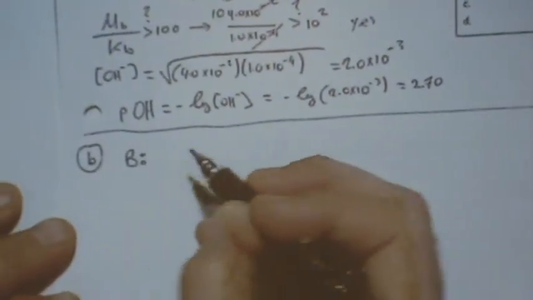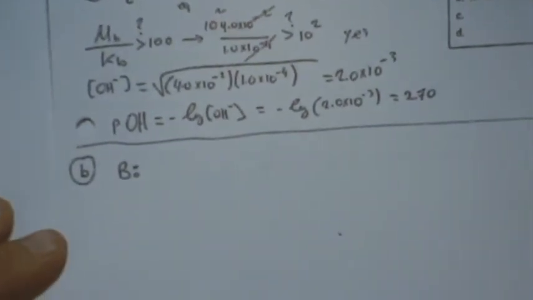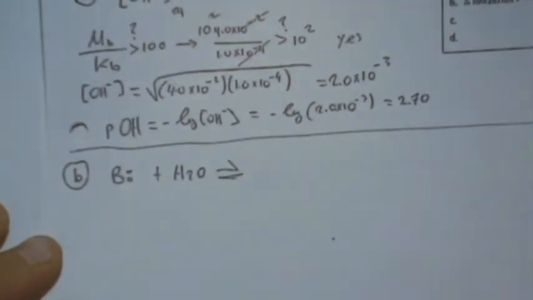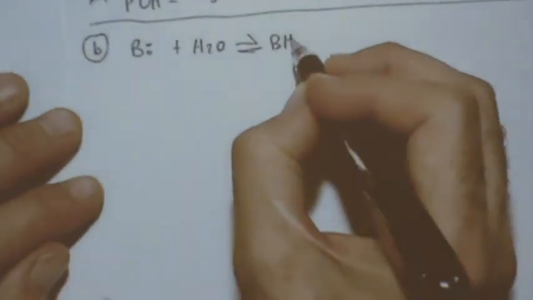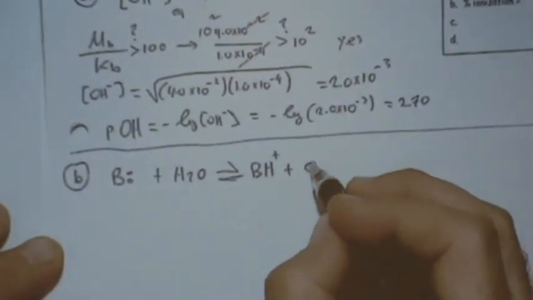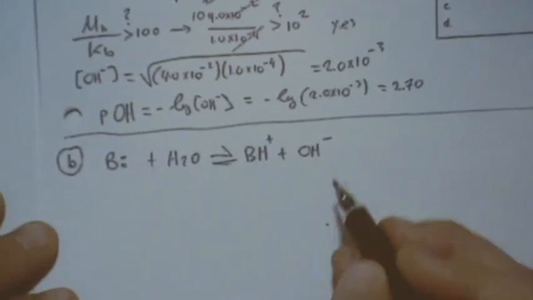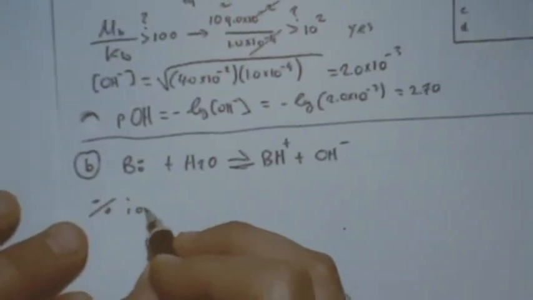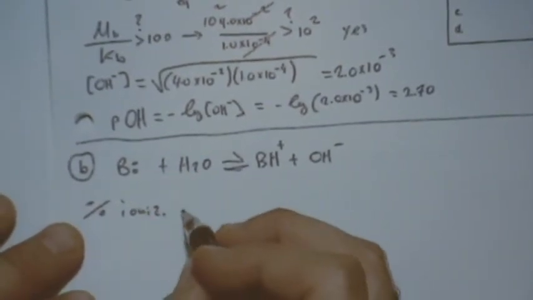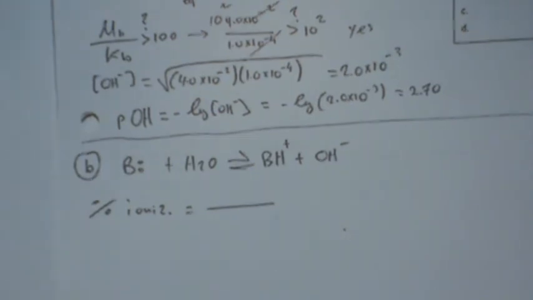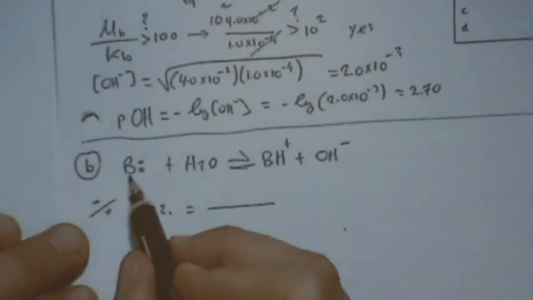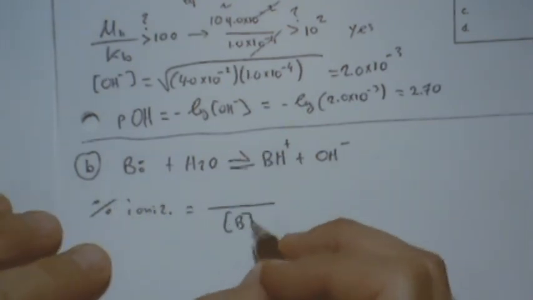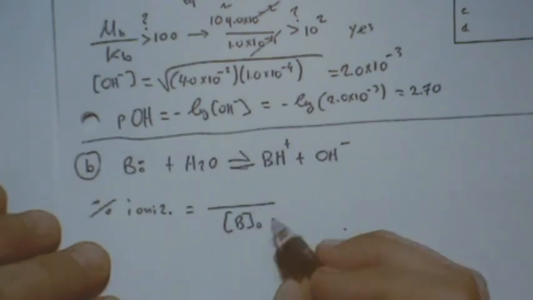So we have a weak base. We don't care what it is, it could be ammonia. The ionization equation is this one here, with aqueous species. By definition, the percent ionization is equal to the amount ionized divided by the original concentration of the base we put in, how many moles per liter, that fraction times 100.